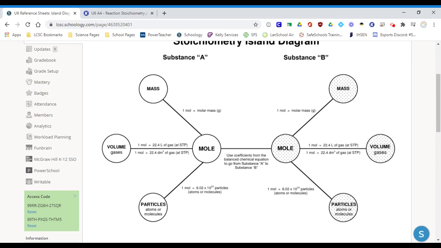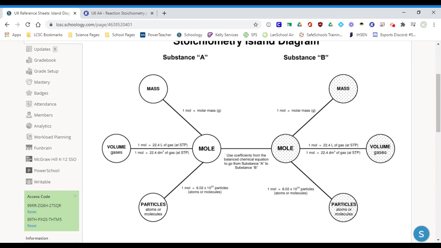Okay, so I have to take that path. Along the way, to hop from island to island, it'll give you little hints like, hey, 1 mole is equal to the molar mass of our stuff in grams. Or 1 mole of stuff is the same as 6.02 times 10 to the 23rd particles of something like atoms or molecules or formula units.